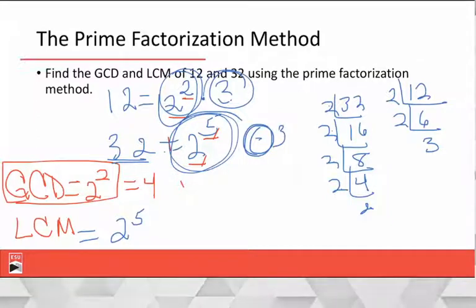So I need to include my 3. And now, if I take the product of these, 2 times 2 times 2 times 2 times 2 times 3, enter, I get 96.